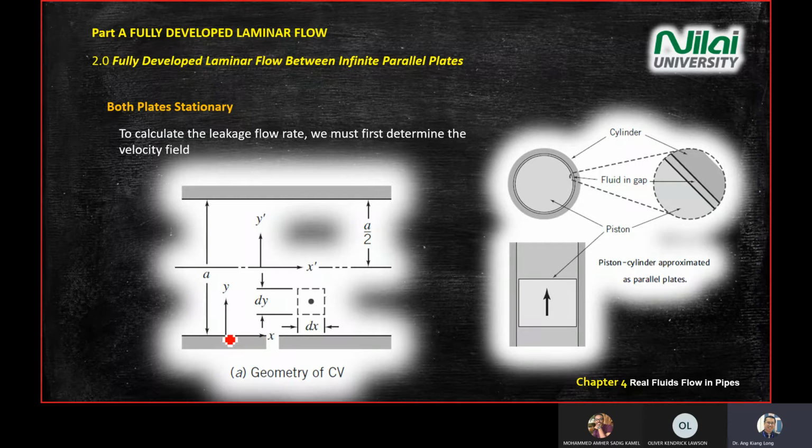You start from the wall, calculating from this point towards the center. If Y equals 0, you are at the wall. If Y equals A divided by 2, you are at the center.